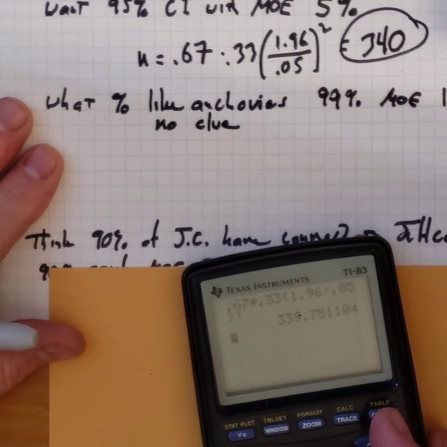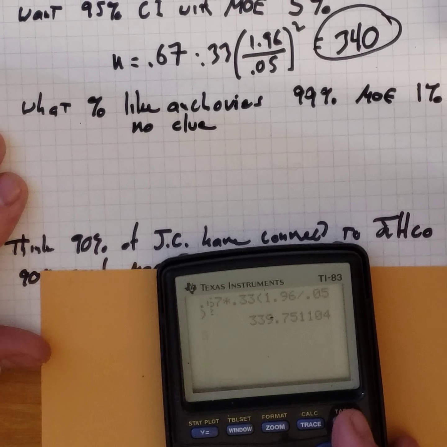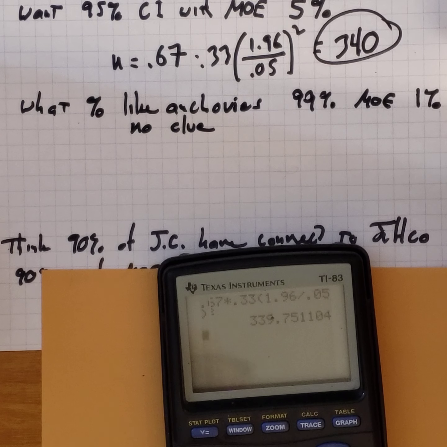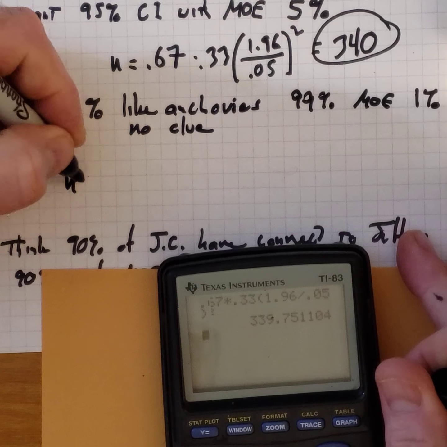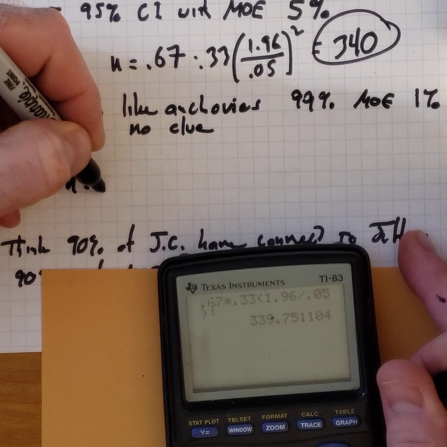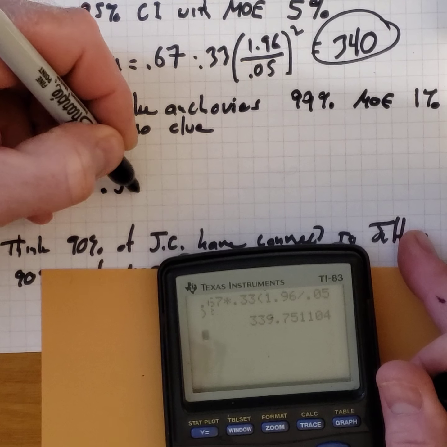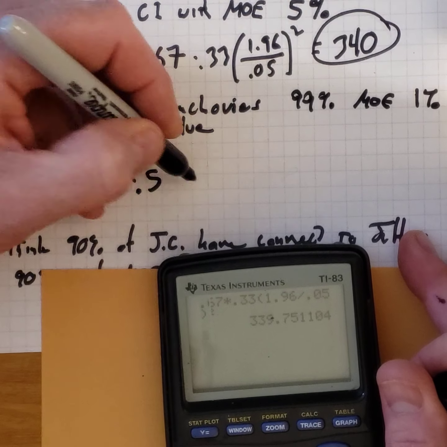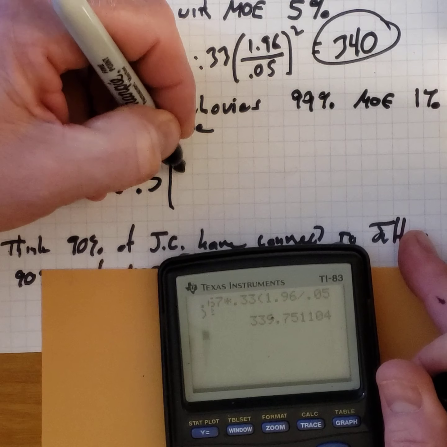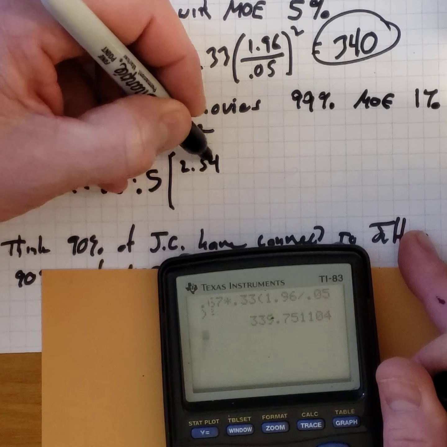Suppose we'd like to know what percent of people prefer anchovies on their pizza. We want 99% confidence level, and we want a 1% margin of error. And we have no clue what the proportion actually is going to be. I think I actually do have a clue that it will be fairly small, but for the sake of argument, let's not. So how many people are we going to need? Well, worst case scenario would be 0.5 for P, which would also be 0.5 for Q. And that's going to be 2.58.